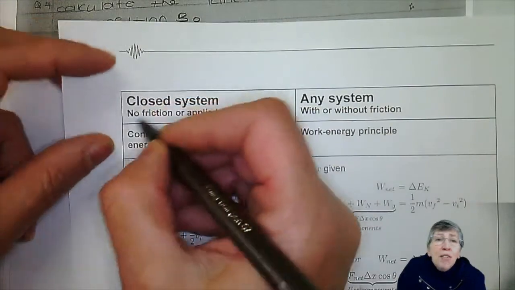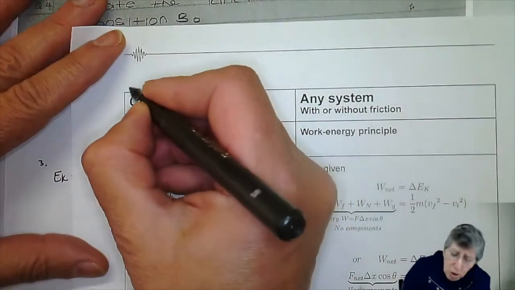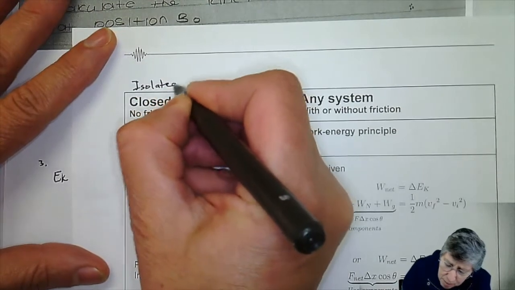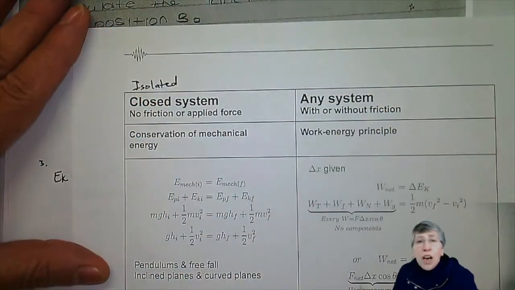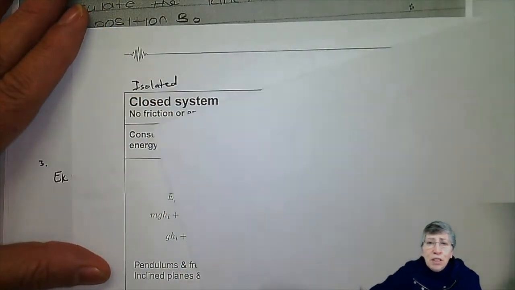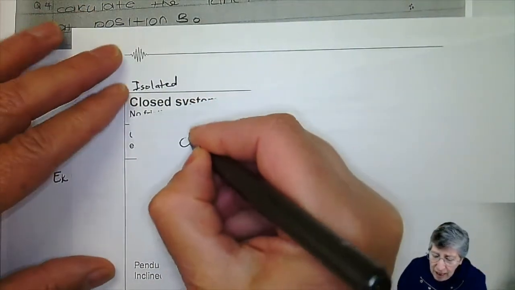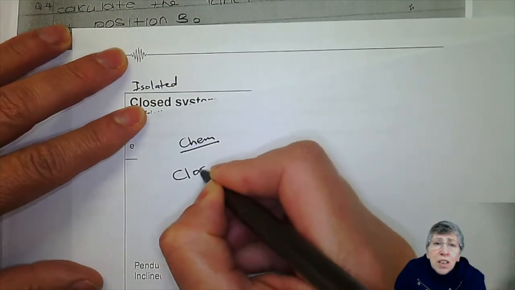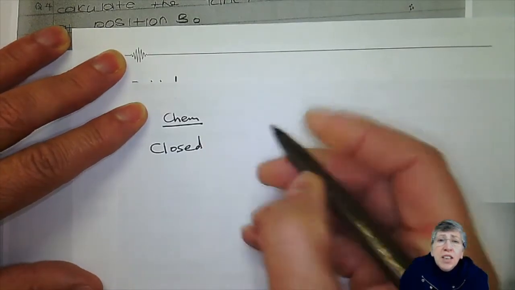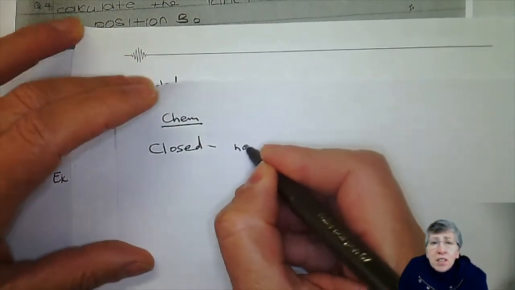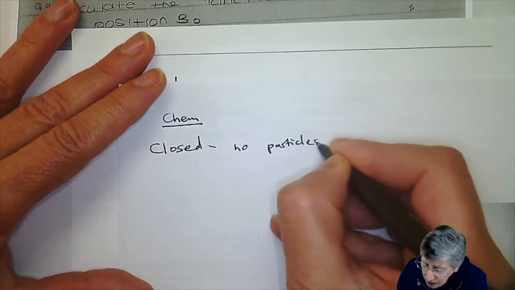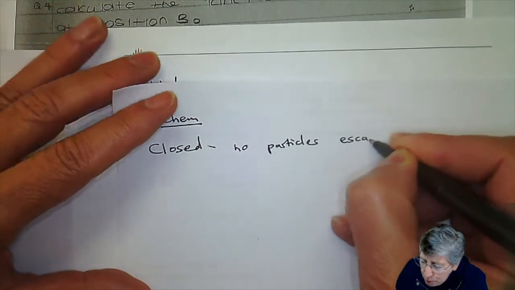The moment you have a closed system, and in physics, you can also call that an isolated system. In chemistry, closed and isolated refer to different things. If you're doing chemistry and you talk about closed, closed means no particles will escape from your beaker or whatever.